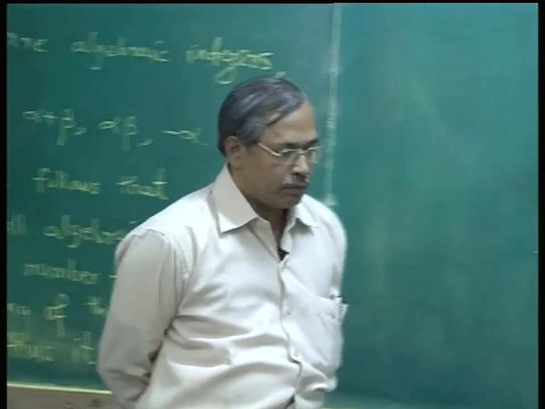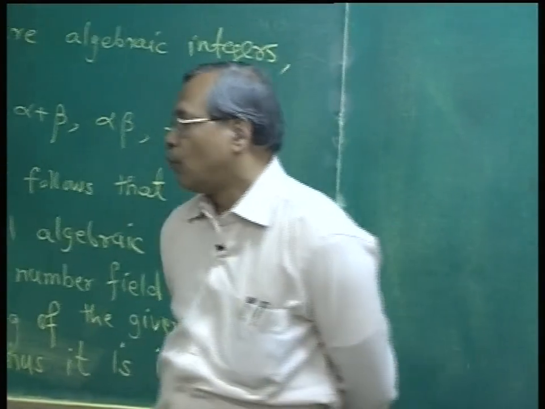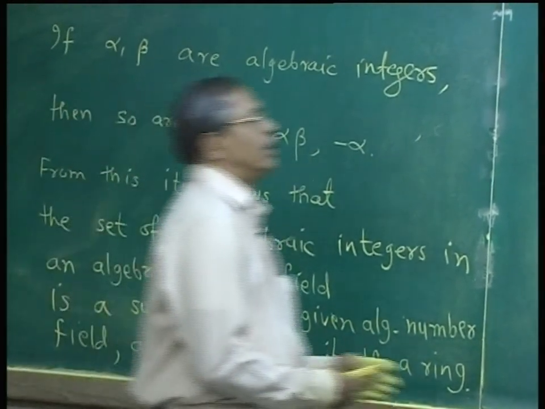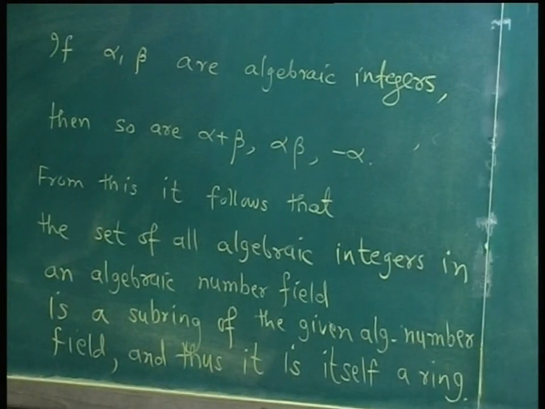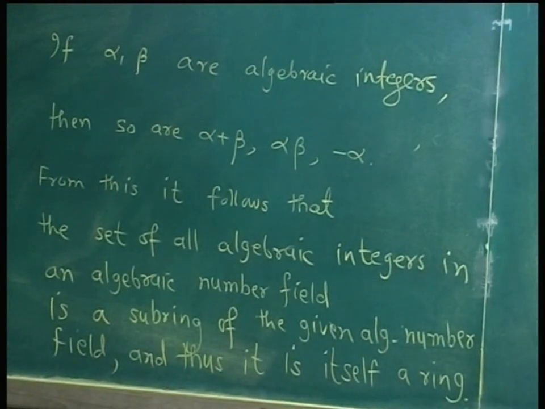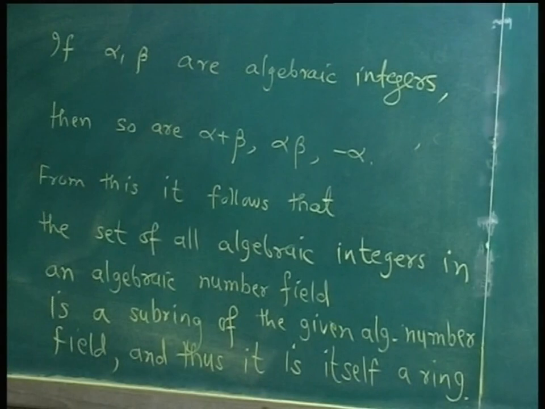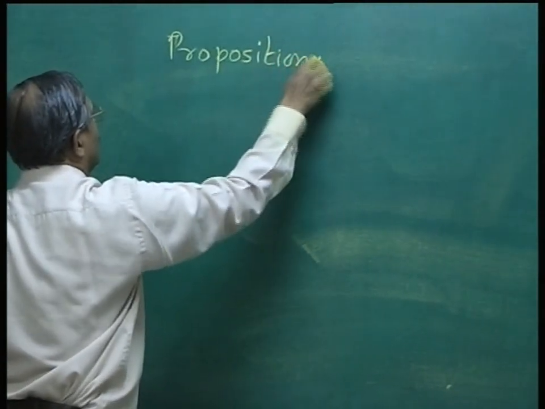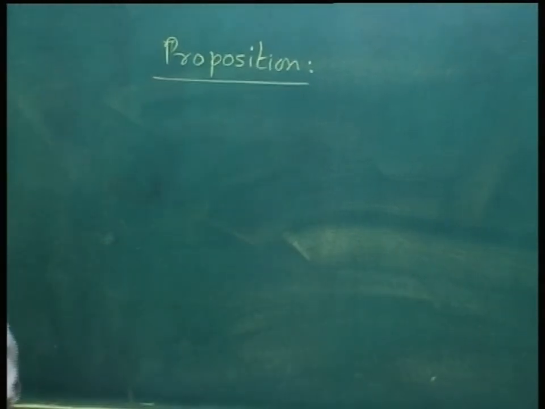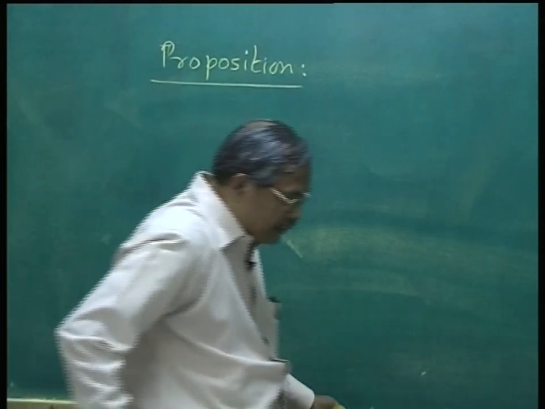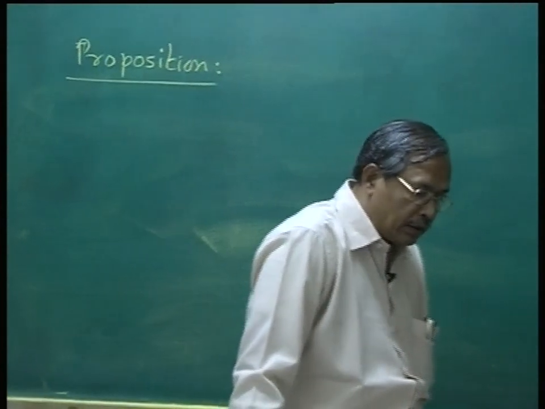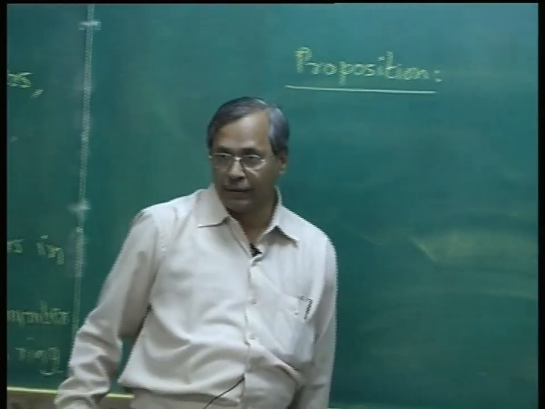We shall see some more properties of algebraic integers. One property we will see is this proposition. Given any algebraic number, you can multiply it by some integer and get an algebraic integer.